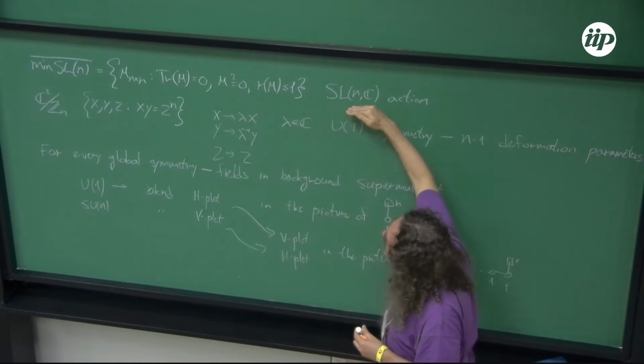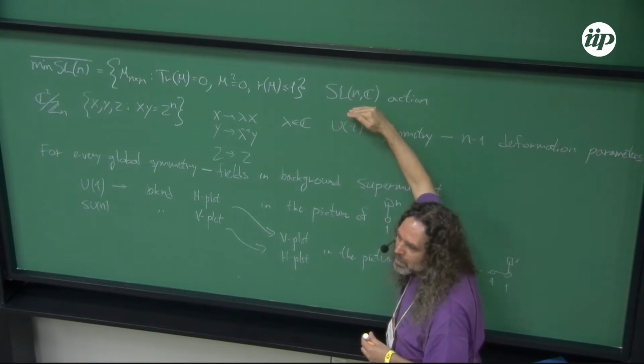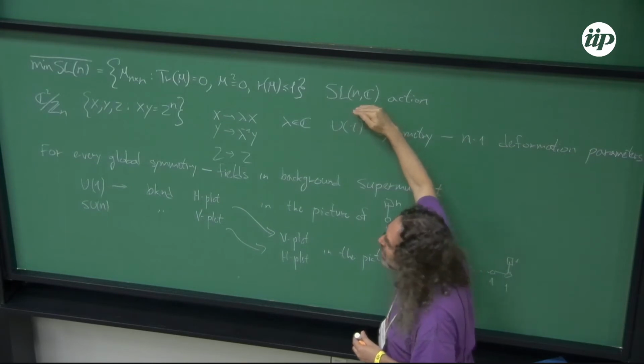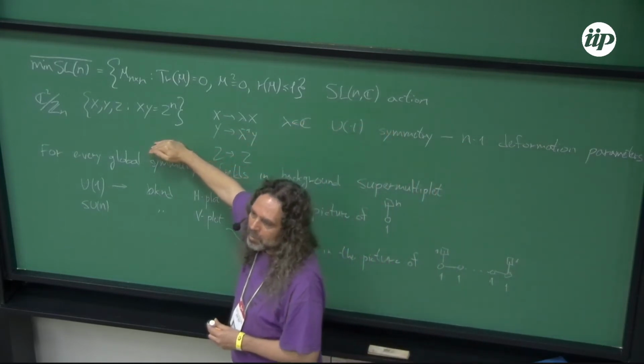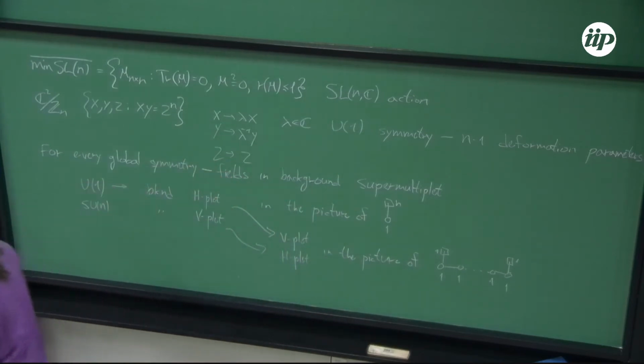I have an SU(N) global symmetry. There are scalars which are superpartners of the gauge fields, the global symmetry, and those scalars are the deformation parameters of this space. Okay? This is the phenomenon that the mathematicians are calling symplectic duality.